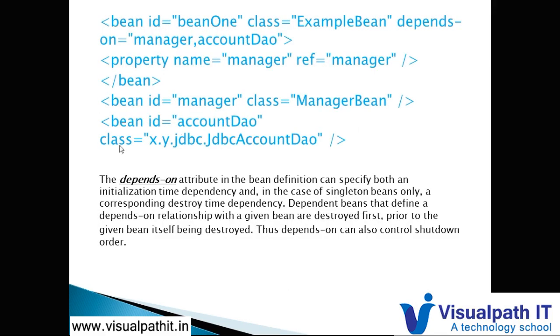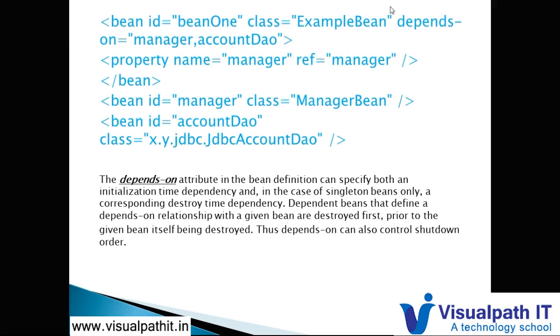So how do we do that? Let's see this example. Bean id is equal to bean1, class is equal to ExampleBean, depends-on manager as well as accountDao. So it's separated using a comma. Property name is equal to manager, reference is manager, bean id is equal to manager, class is equal to ManagerBean. Then bean id is equal to accountDao.